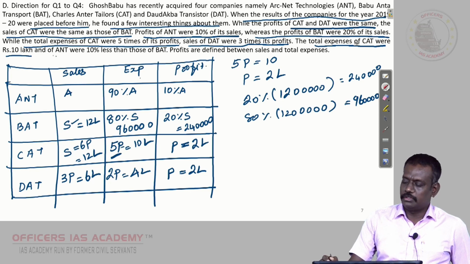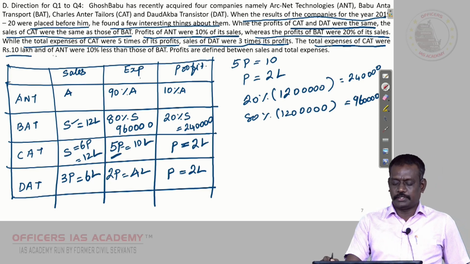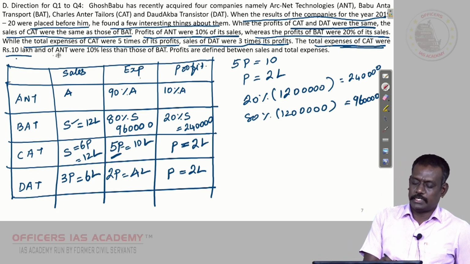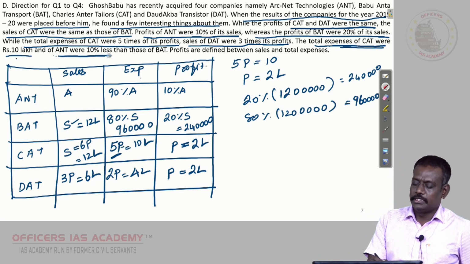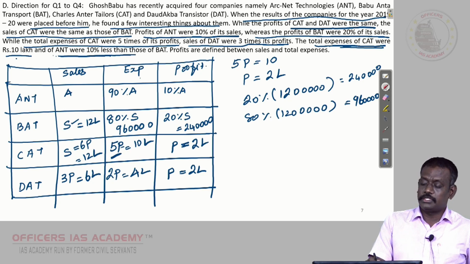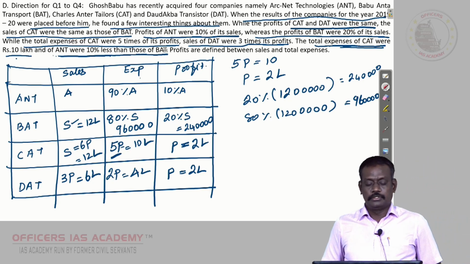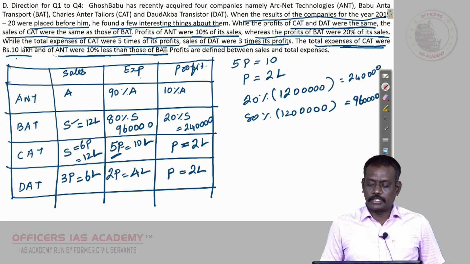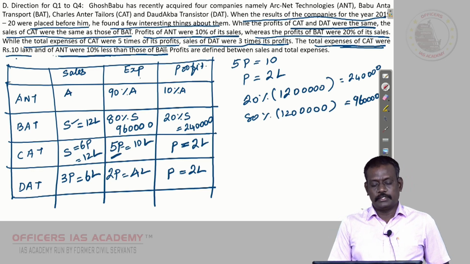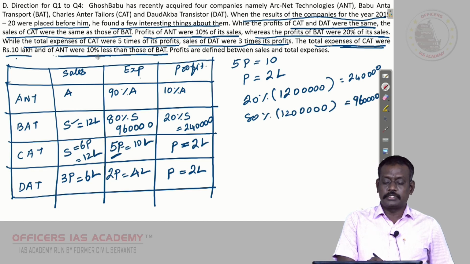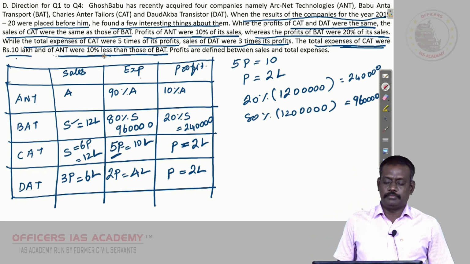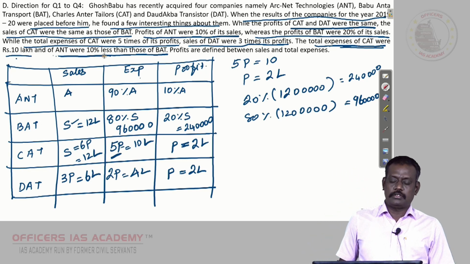It is given that the total expenses of the cat were 10 lakh rupees, and those of ant were 10% less than those of bat.